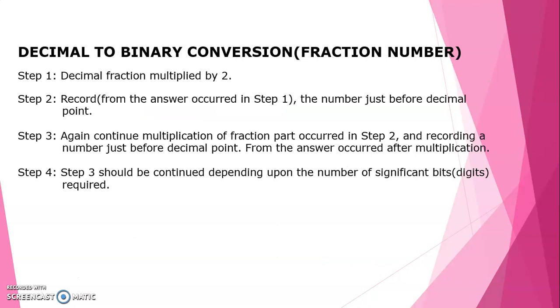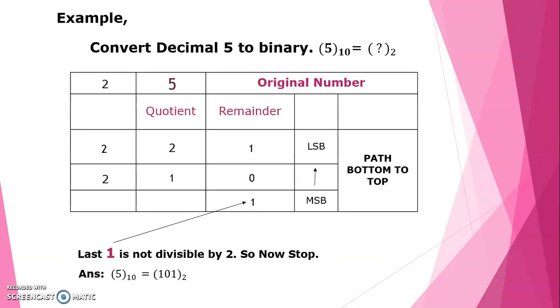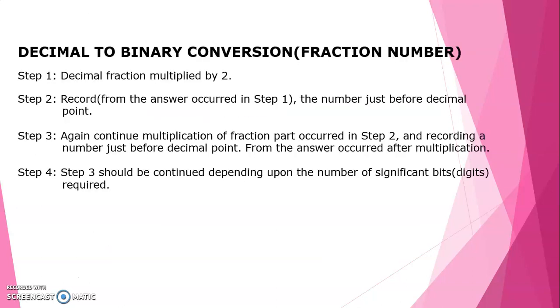Next is your decimal to binary conversion for the fraction number. That was for the normal number, and now we will discuss the fraction number. Step 1, multiply the decimal fraction by 2. Step 2, record from the answer obtained in step 1 the number just before the decimal point.